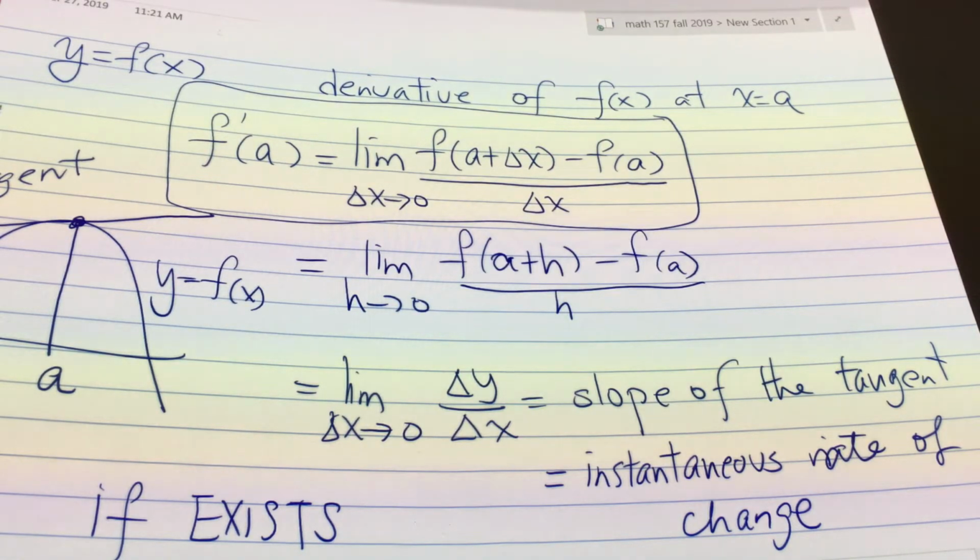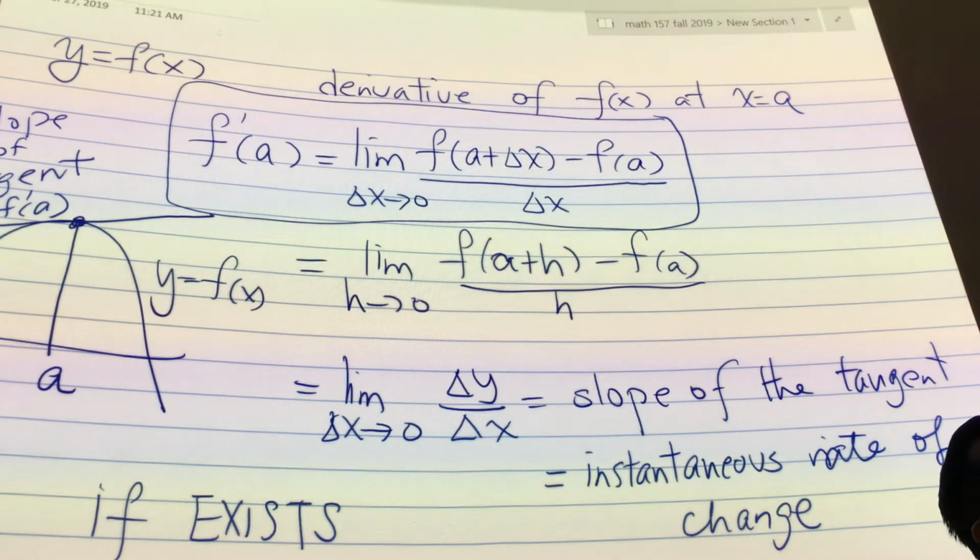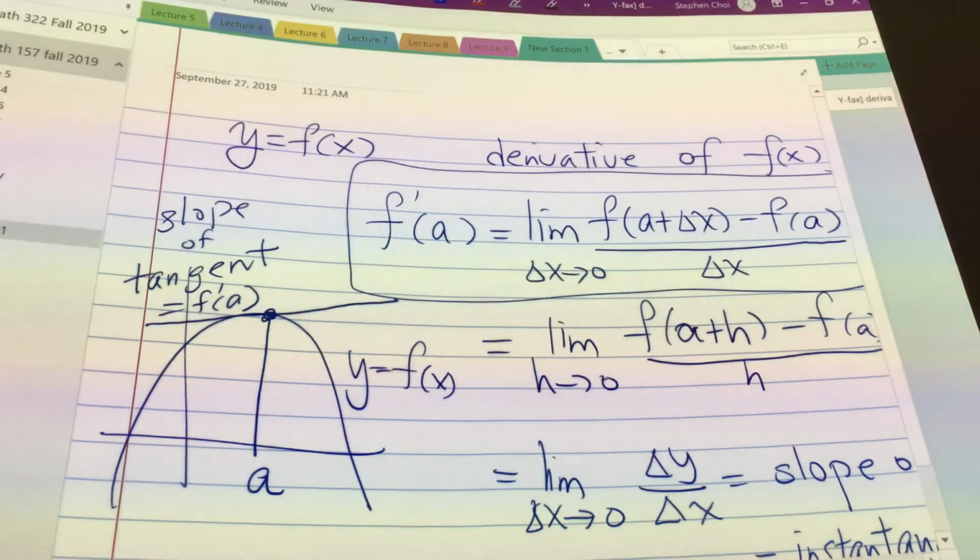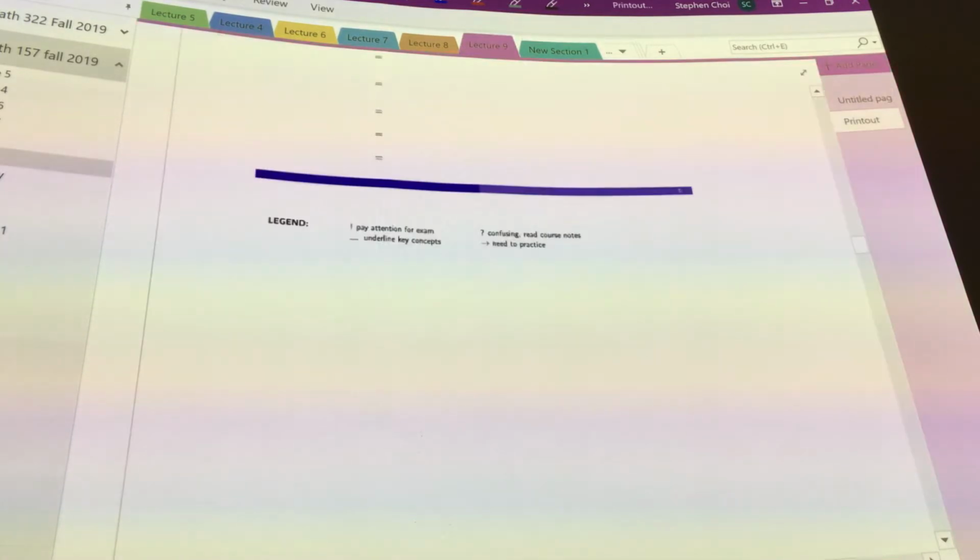The slope of the tangent will be your derivative, and it will be equal to this limit. This limit may exist or may not exist, depending on the situation. Later we'll see that when it does not exist, then you can actually tell whether the function is smooth or not. Okay, so this is basically a review of what I did last time.